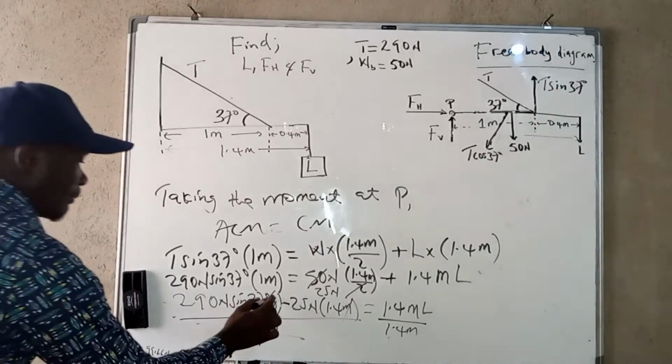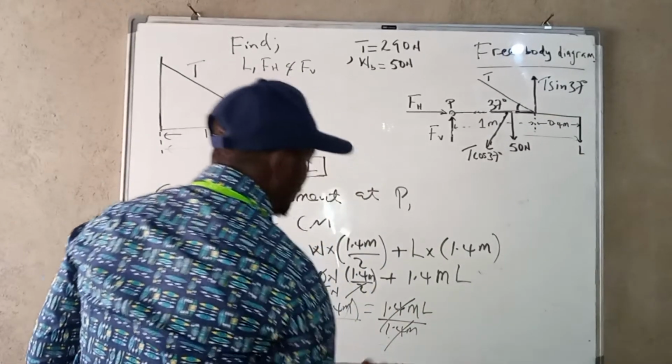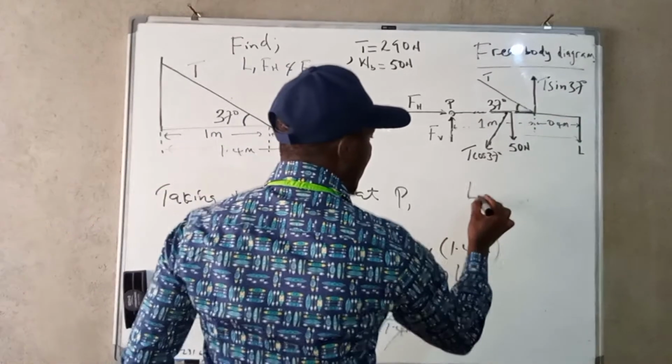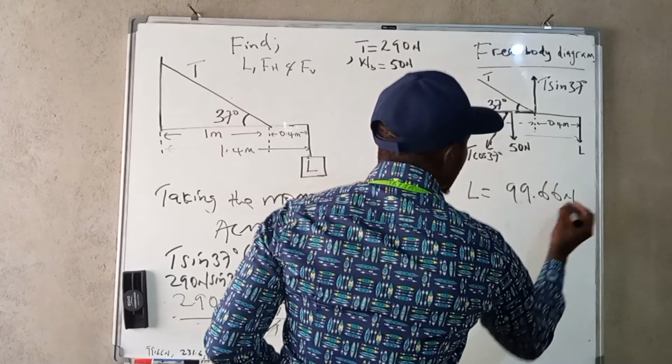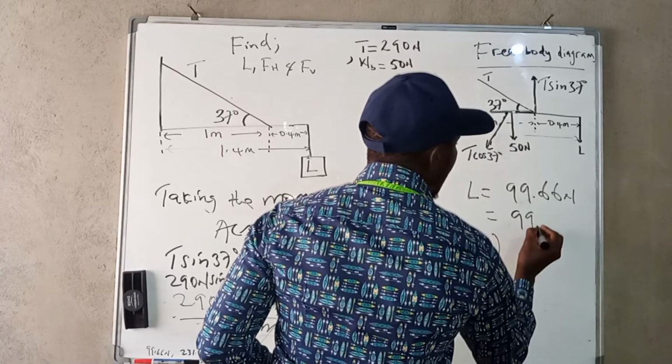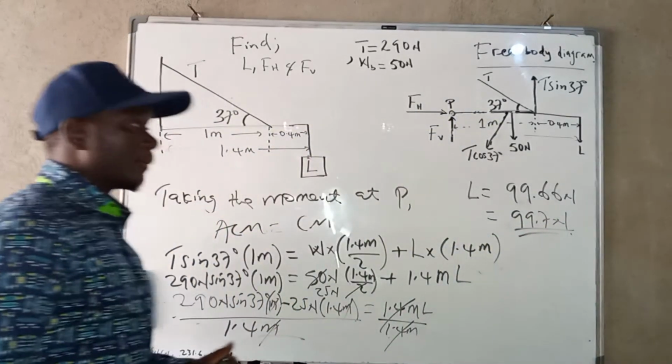So the meters cancel, and we're going to have L is equal to 99.66 newtons, which can be rounded off to 99.7 newtons.